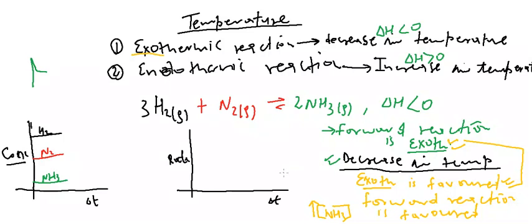So when we decrease the temperature, exothermic is favored, forward reaction is favored, meaning that the concentration of the product increases, but not a sharp increase. The reactants will decrease and reach the new equilibrium.